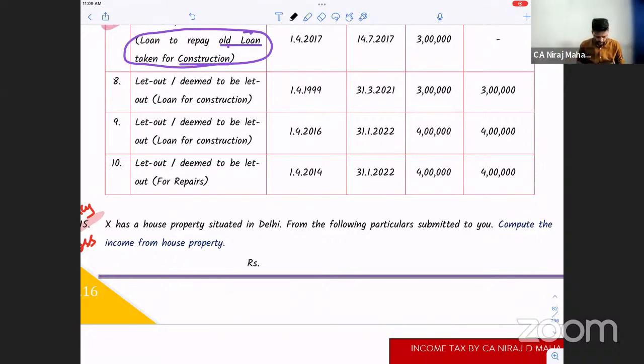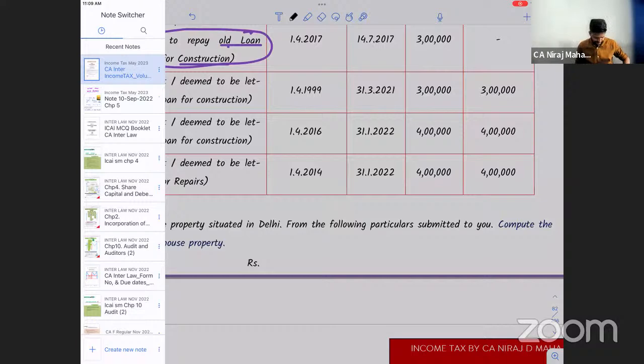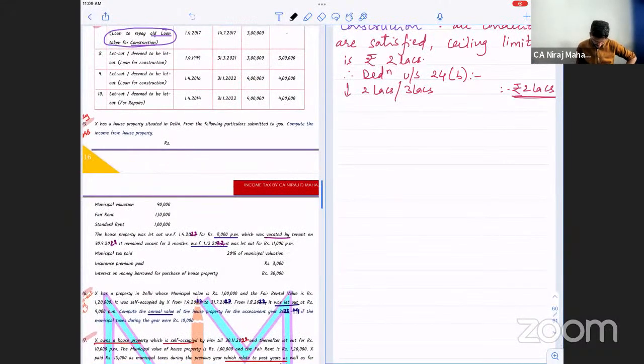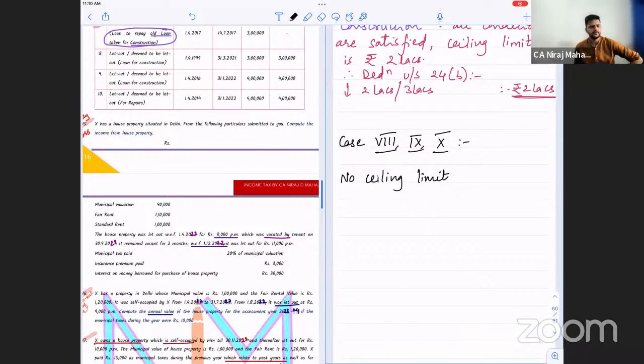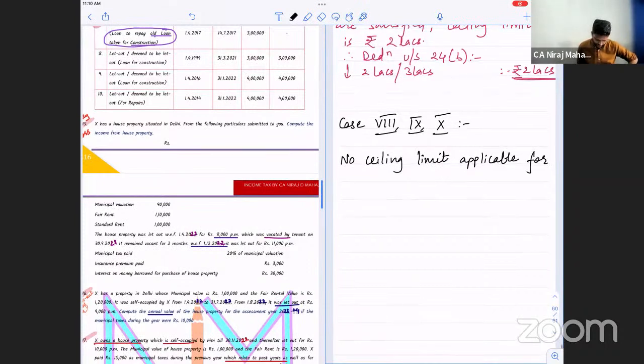That is what I'm going to write in the notebook now. Okay, good. Write down: no ceiling limit applicable for let out or deemed to be let out properties.